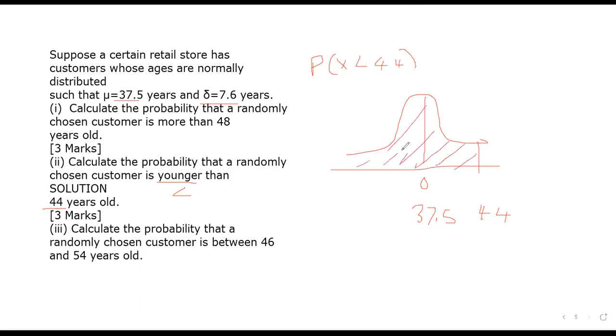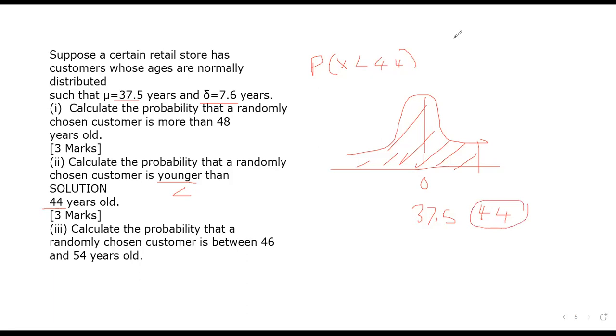So this shaded region on the left side, what does it tell you? Is it big or small? Small. Are you sure? If it's small, the answer will be subtracted from 1. If it's big, you read it directly. So is it small or big? It's big. Big, yes. So how do we standardize this 44?